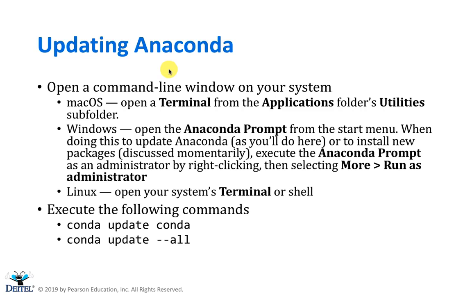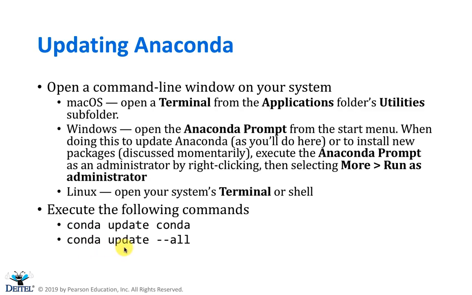Once you've got your command line window open on your system, you're going to execute two different commands. conda update conda is going to install any updates to the tool called conda that you'll be using frequently to install additional libraries.